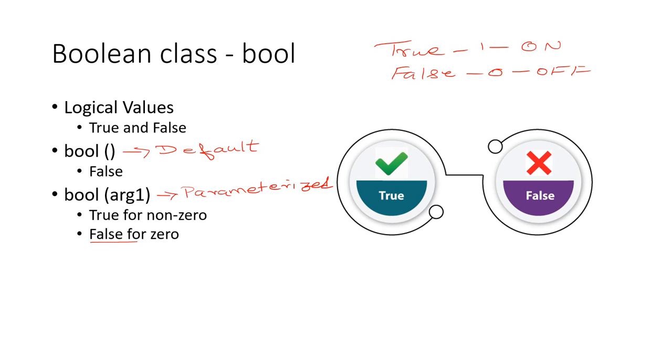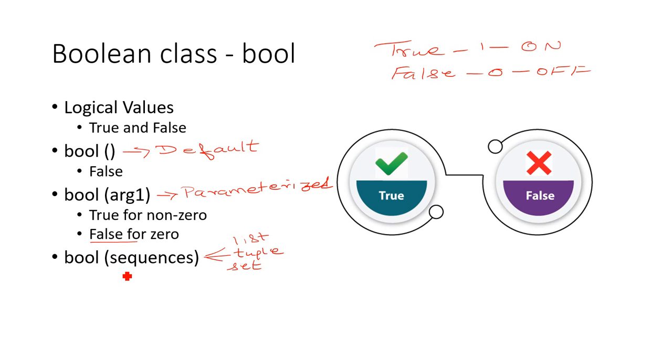And not only that, even the Boolean class can be used for sequences. There are different types of sequences in Python. We have a tuple and also we have a set. For these sequences also, we can use the bool data type, which will produce a True or False value depending on the situation.